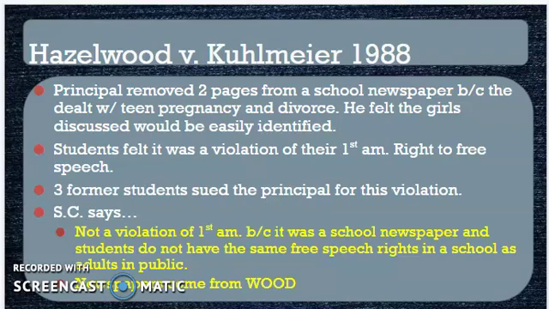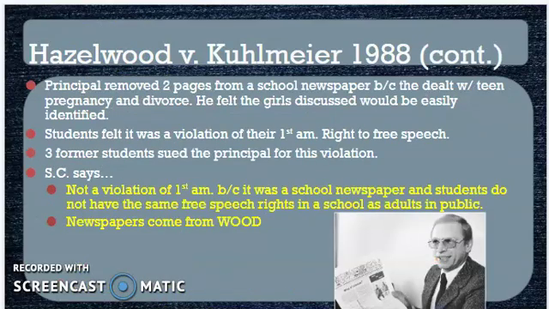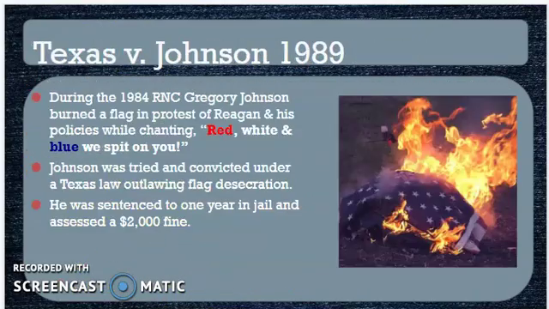Therefore, because it was school-sponsored, the school had supremacy to make the decision to take it out of the newspaper. The way to remember this one: newspapers are made from paper. Paper is made from wood. So Hazelwood is the newspaper case.